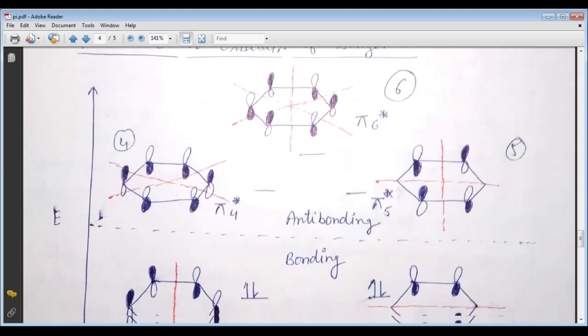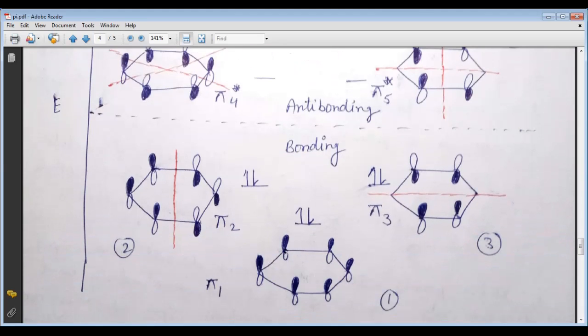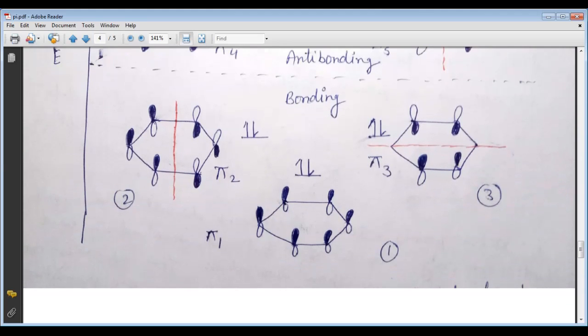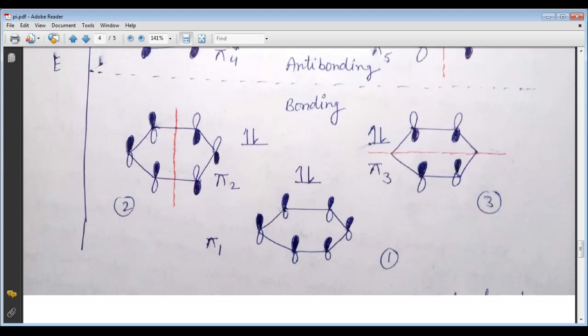orbitals. So now here we can see the pi orbitals and the loops present here. In the first diagram we can see that all the loops are present in the same phase. We can represent this by plus or minus. Filled is represented as plus, meaning addition overlapping, or the formation of a bonding molecular orbital.